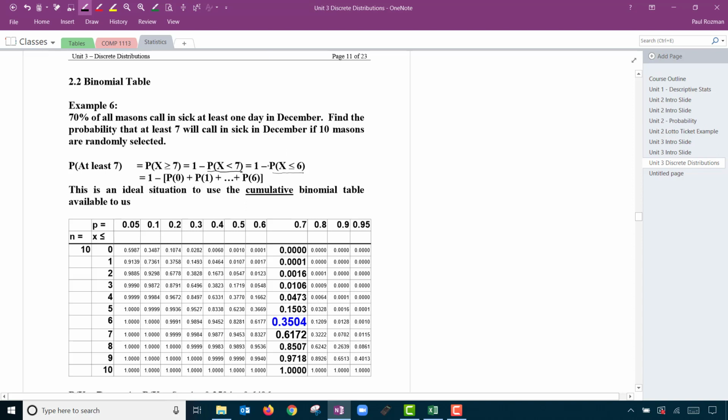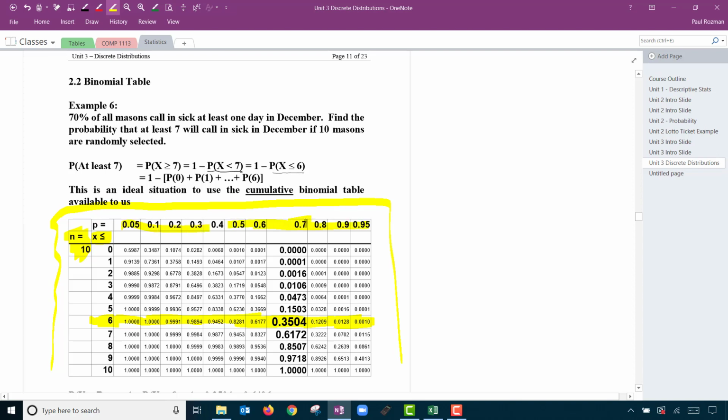To solve the probability of less than or equal to 6, we go to this cumulative binomial table given below. We'll see that for this table, our n is 10. And we're looking for x less than or equal to 6. That puts us in this row of the table. And then across the top are the probabilities of success.